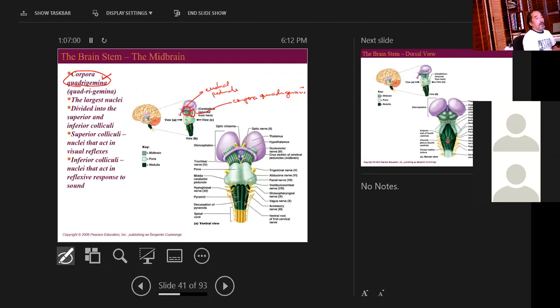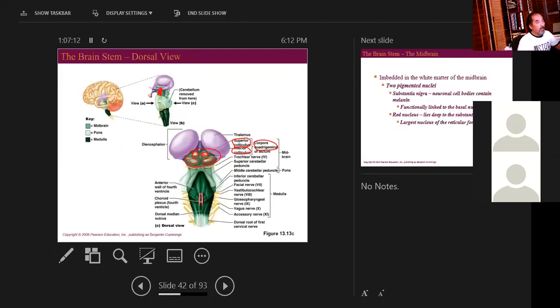So this is the cerebral peduncle, and cranial nerves 3 and 4 are here. Cranial nerves 3 and 4, and this is going to be your cerebral aqueduct.